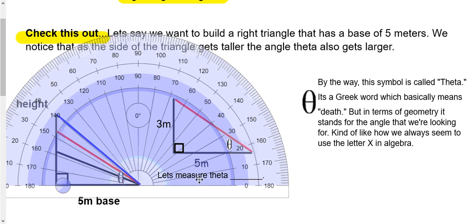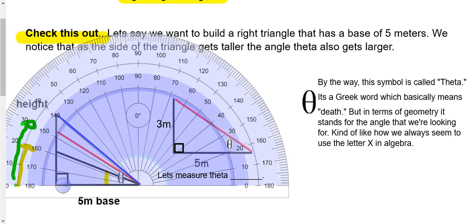Okay, so if we look at the black line and we go up, let's just do a little highlight here. So as we go up here, we notice that the angle right there is about 22 degrees. Then as we go up a little higher to this red line, we notice the angle looks like it's about 32 degrees.